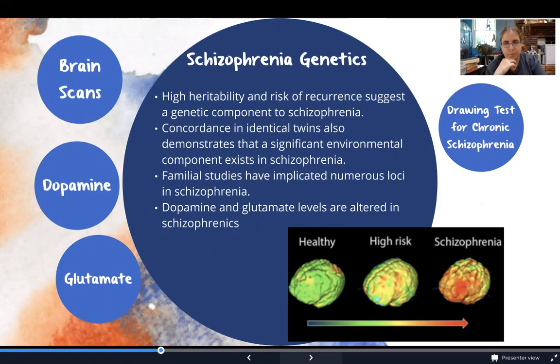Familial studies have implicated numerous loci in schizophrenia in terms of the genes. They're also looking at environmental causes, some of which can include poor nutrition as a growing fetus. It could affect how the brain is organized, and that can lead to schizophrenia in the future.